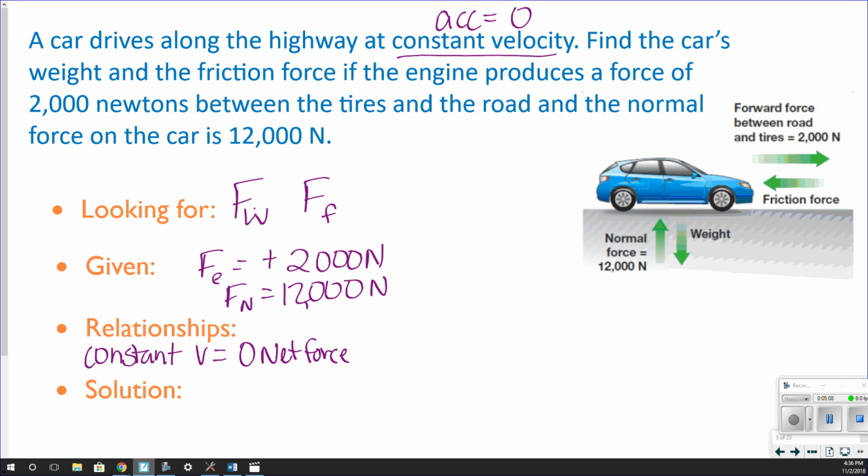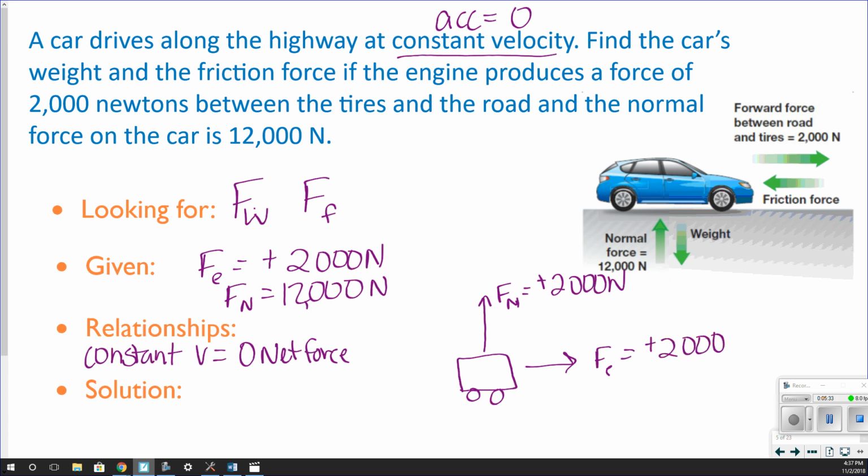Our solution for this, we need to draw it out. So we're going to draw out a free body diagram. If I have my car here, and we show our F normal, Fn, our normal force, and we also include the force of our engine, which equals a positive 2,000 newtons.